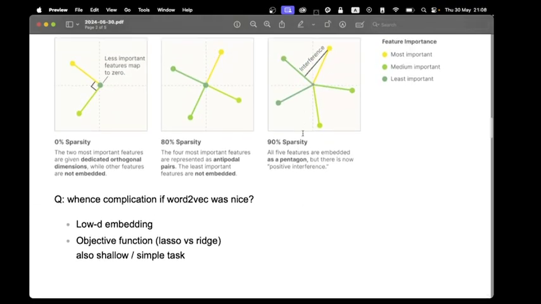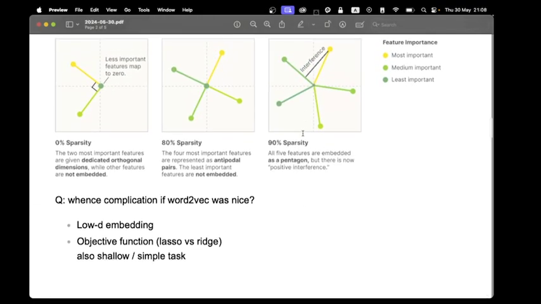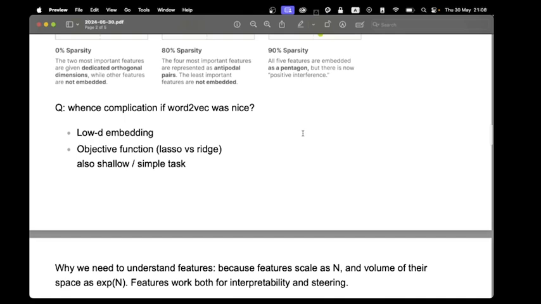Okay, there's also this fancy argument which I'd like to reproduce: features are useful to understand and interpret because features are robust against the curse of dimensionality.